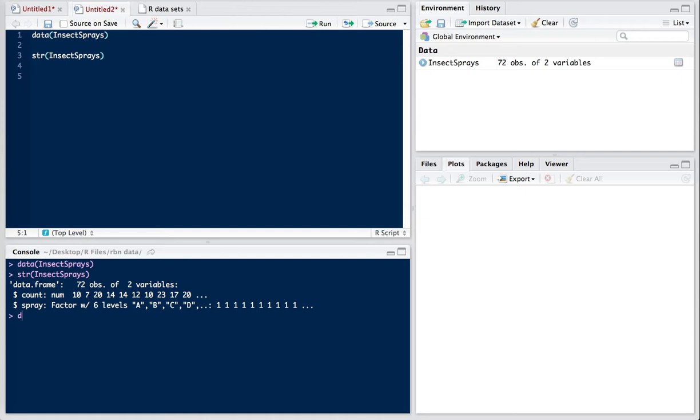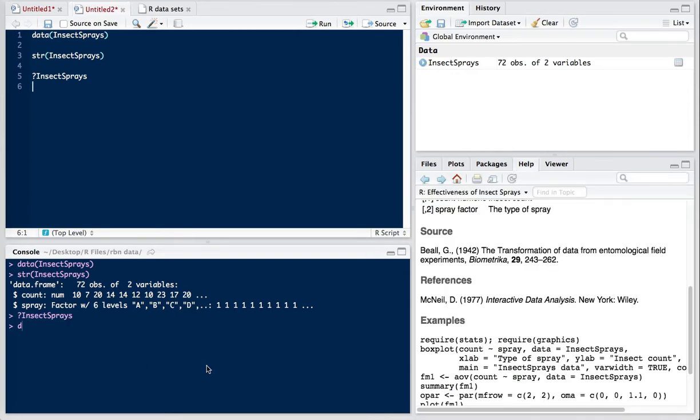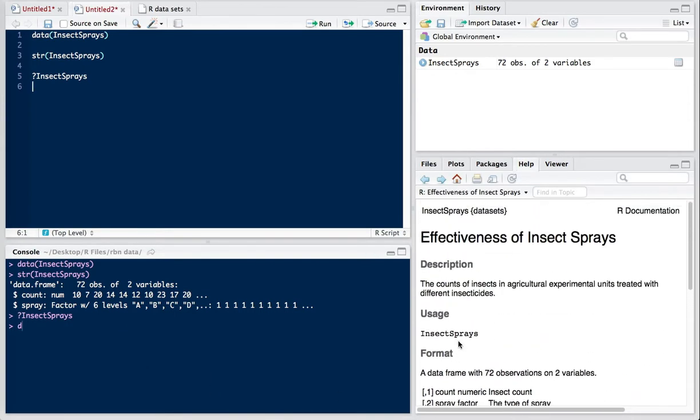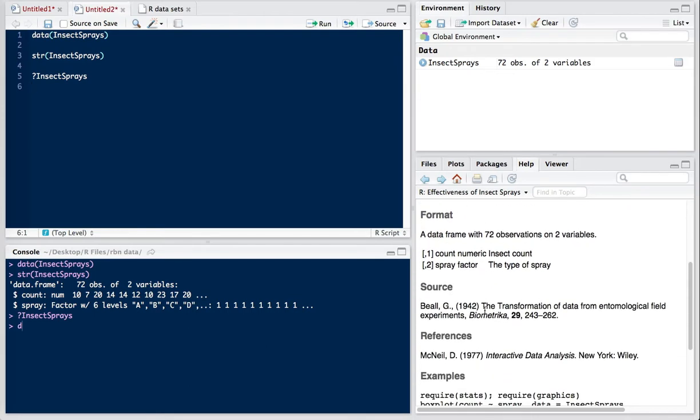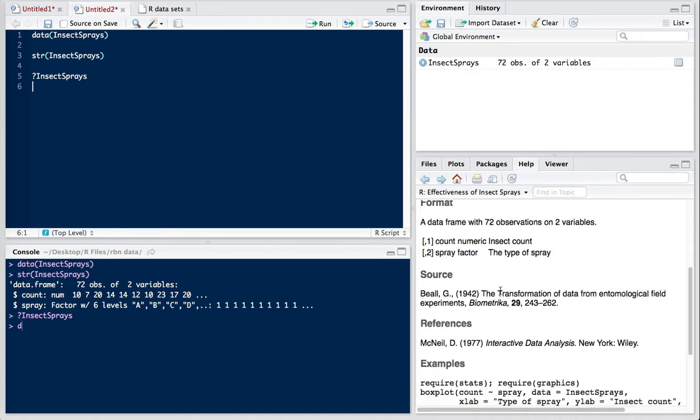If we wanted to find more information about this particular study, we can always ask R. So just using a question mark, and then we'll give the name of the data frame, and up pops some information on this particular data frame. So it tells us where we can find the original data. We can find out all kinds of information about the study by looking at the original Biometrika paper from 1942.